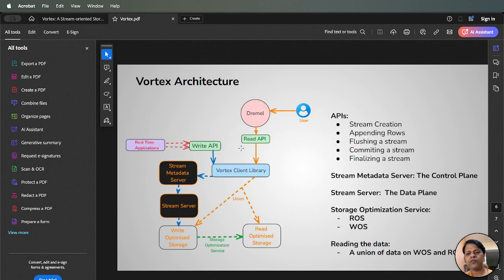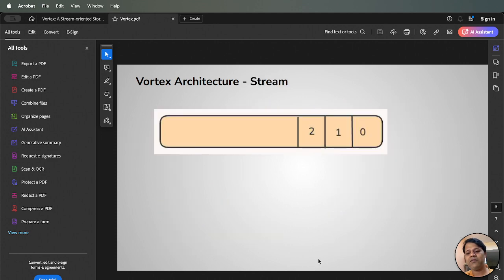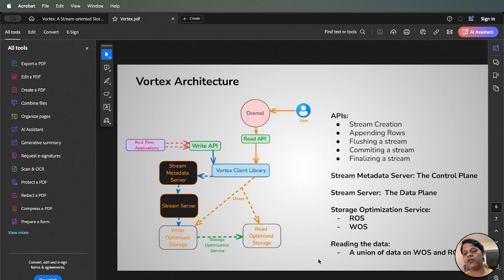Again, these are mentioned in the paper: how the stream gets created, records get appended to it, and the flushing, committing, and finalizing. If you see, flushing and committing relate to your types of streams, as well as how the data gets materialized or committed at the end of the stream.